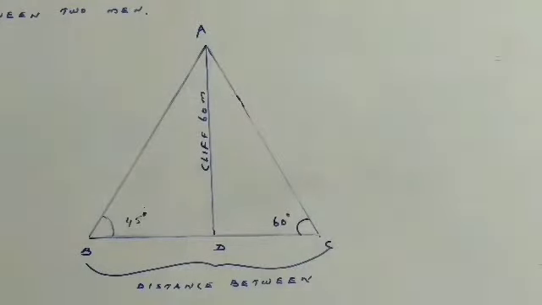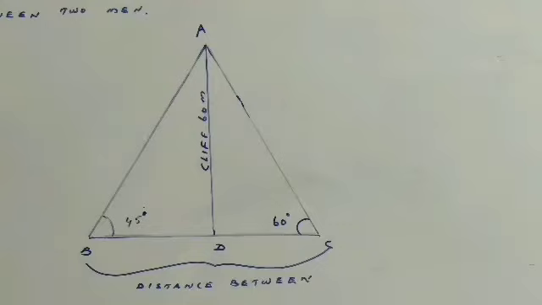Now here there are two triangles, one is ABD and another one is ACD. You can take any one of the triangles first and you can solve. And now I am going to take the first triangle ABD.